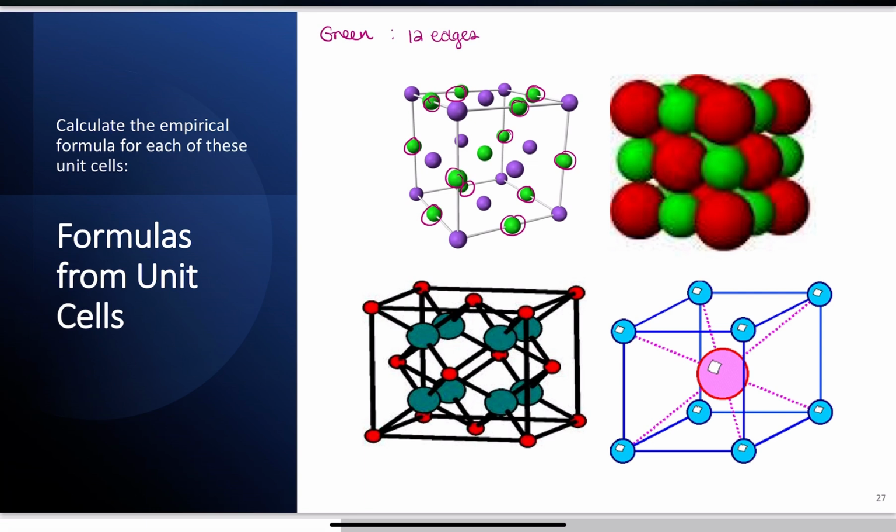An edge is shared by 4 different unit cells, so I'm going to multiply that by 1/4. That gives me 3. But I also have one more in the very center that's not in an edge at all. It's actually in the center, so like a body. Overall, that gives me 4 green.